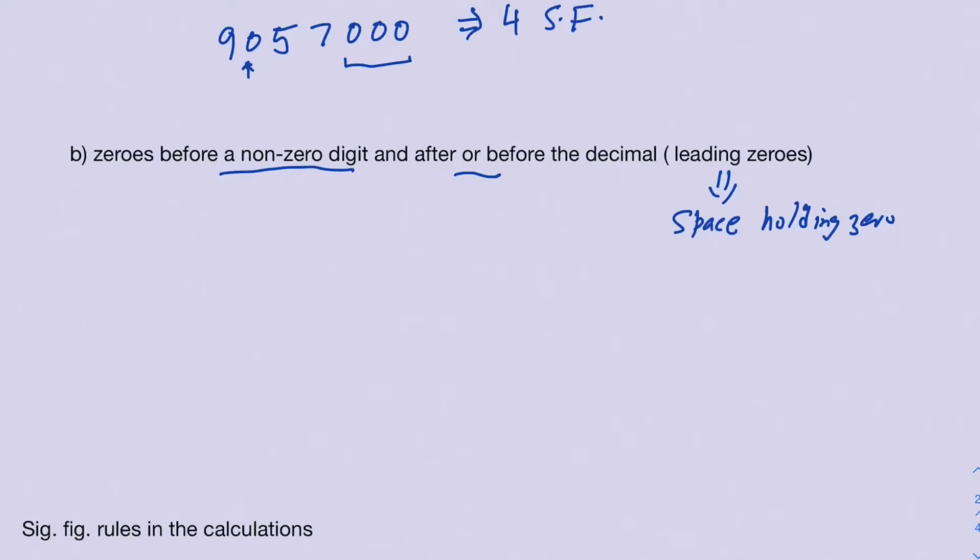Assume I have 0.0075. In this particular case, the zeros before the non-zero digit 7, I've got 3 of them. And then I do have a decimal there, but it doesn't matter if the 0 is before the decimal or after the decimal. As long as they are the leading zeros or just the space holding zeros, they are not going to be counted as sig figs. In this case, it's just going to be 2 sig figs.